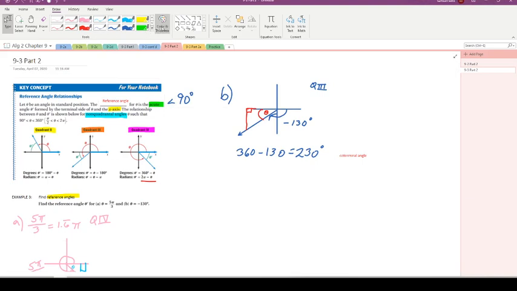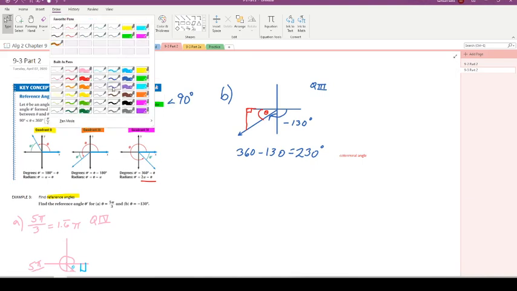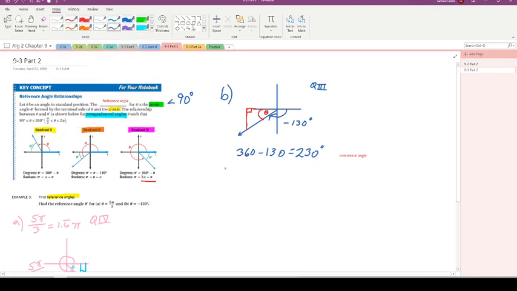Well, now let's find the reference angle. Remember, this is the third quadrant. In the third quadrant, I have to subtract 180 from this, because I need this right here, right?